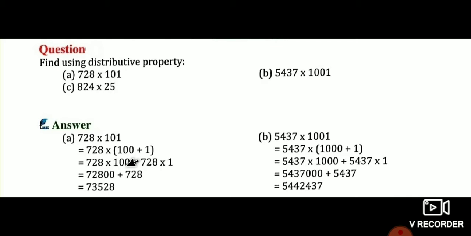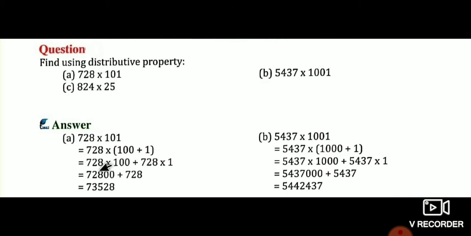728 into 100: you have to multiply. Here in 100, 2 zeros are there, so write 2 zeros as it is. Then multiply 728 into 1.